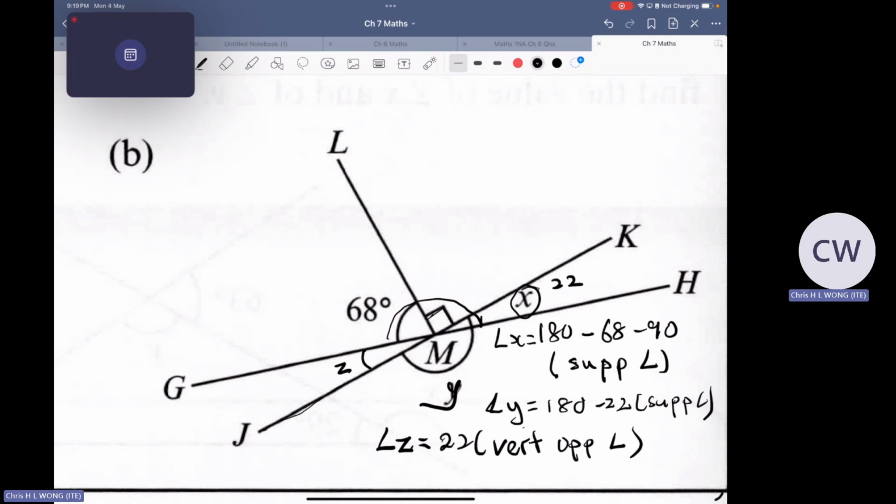So you must use your reasons to apply. Why is that equal? Why use 180? Why use 90? Use the reasons to apply. Otherwise, if you just put z as 22, why? You cannot justify. But if you have the reason, you can justify.